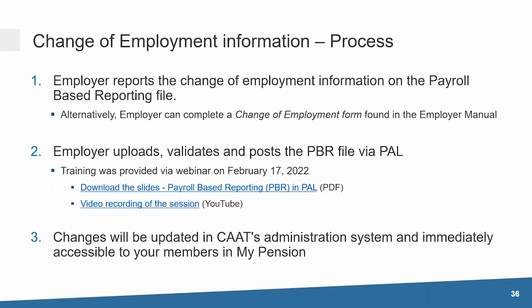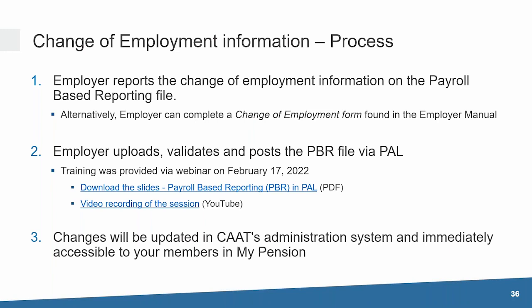Alternatively, you can complete a change of employment form found in the employer manual. Follow the process steps to upload your PBR load file, validate, review, edit, and post the data through PAL.